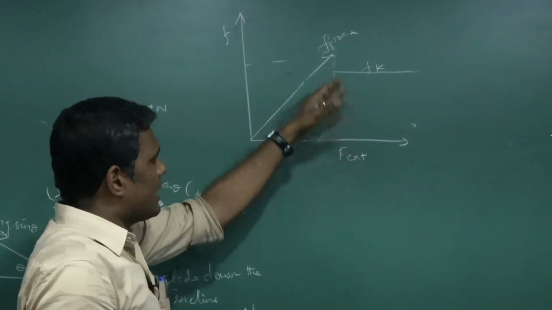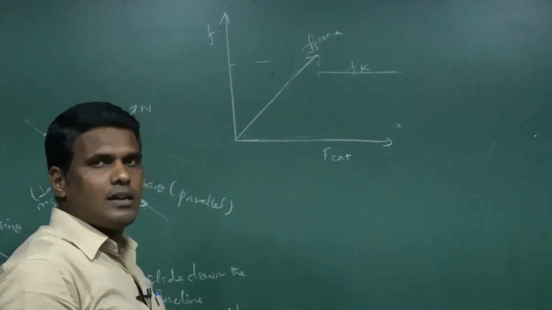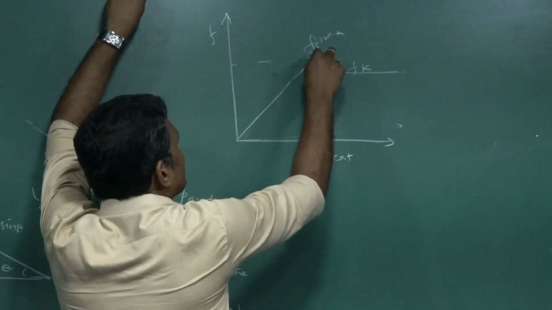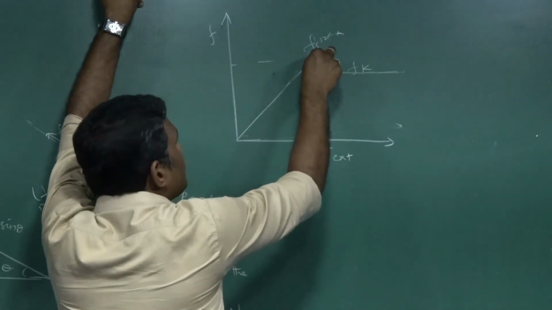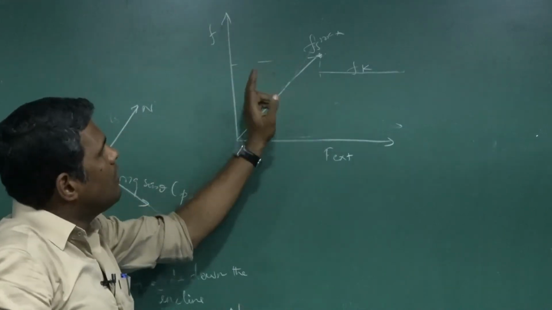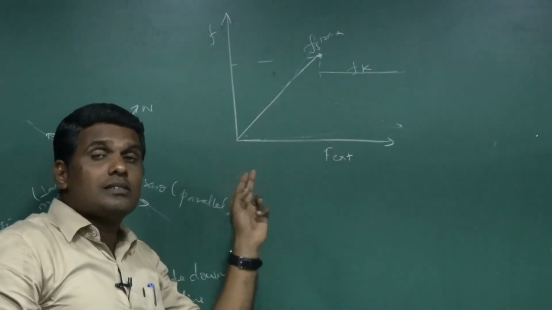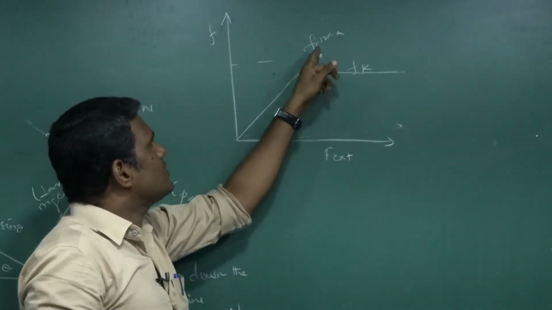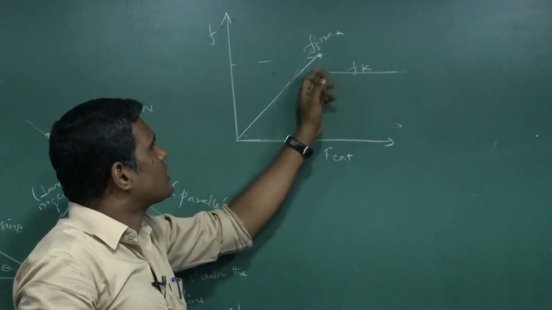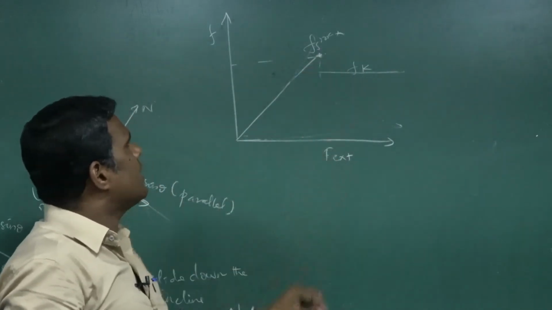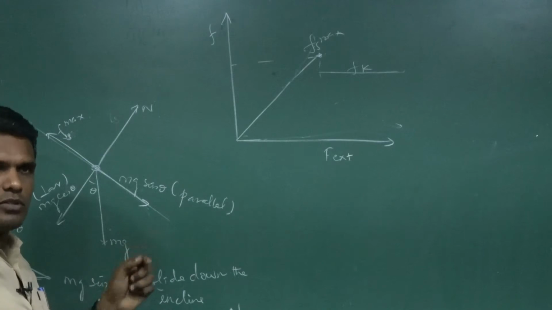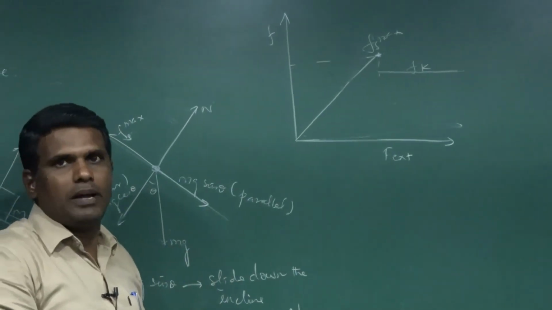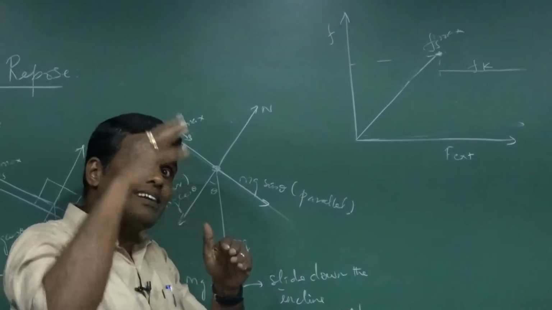So this is the kind of graph which you have seen in the earlier classes. This is the critical point where the static friction gets transformed to kinetic friction. So simply we can say, at the time of the beginning of sliding of the object over the inclined plane, the static friction will attain its maximum value.